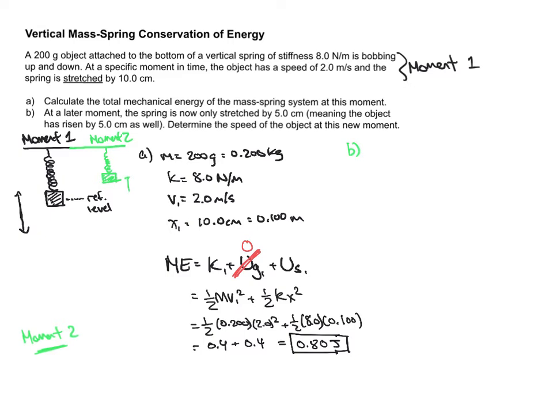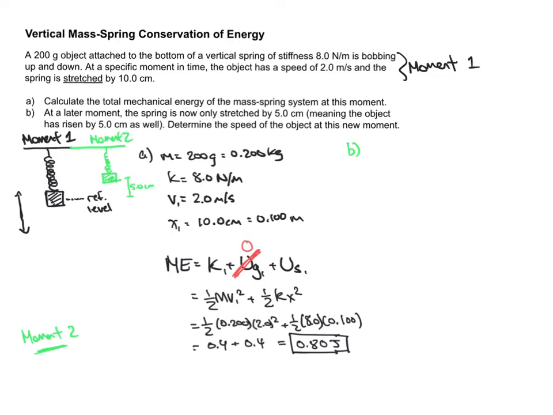So the difference between the reference level and this new height is 5 centimeters. Because the spring was 10 centimeters stretched originally, now it's only 5 centimeters stretched. That means this object has been pulled up by 5 centimeters.